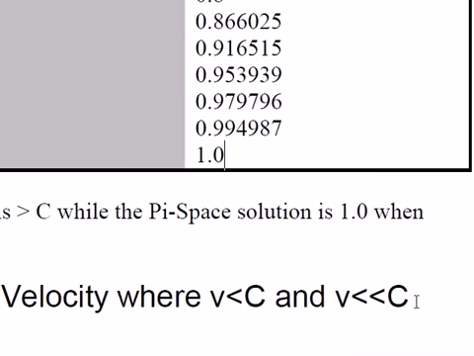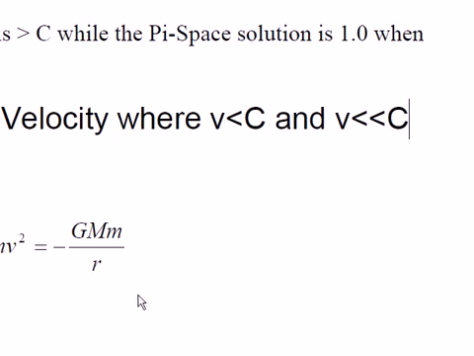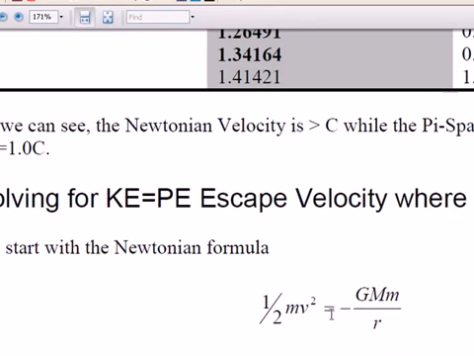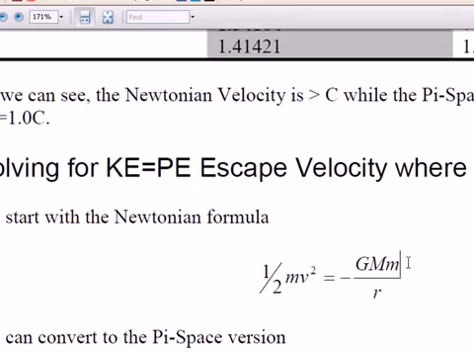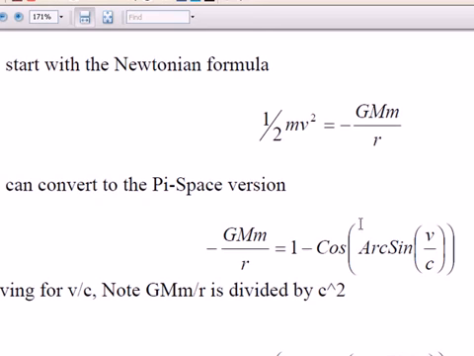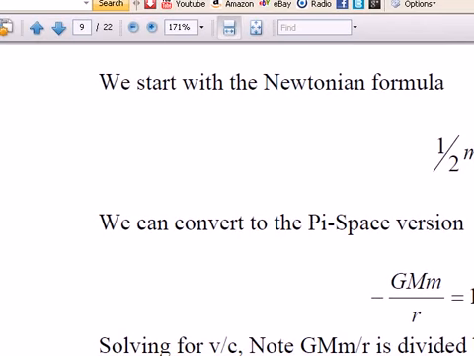So let's take this formula and do what Newton did, which is basically that he put the kinetic energy equal to the potential energy. In this case, it's the gravitational potential of the planet, which is minus g times m over r. So we have a formula for the kinetic energy, which is 1 minus the cos of arc sine v over c, and we assign the area loss to the area gain, which is the total area gain for a planet.